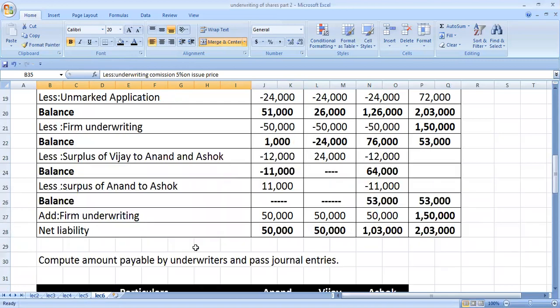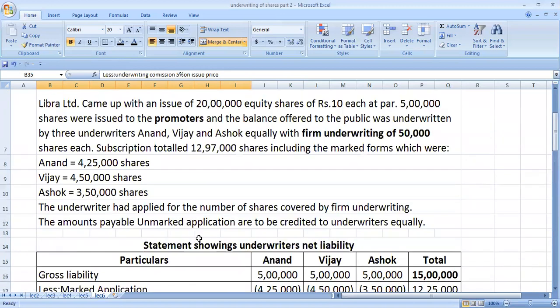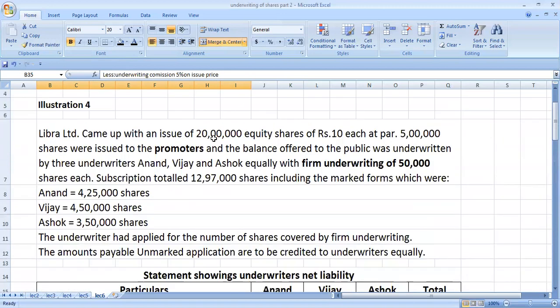First हमें देखना पड़ेगा कि how many shares are underwritten by the underwriter, because जितने भी shares public को issue किए, out of that how many total shares were issued by the company to the public? 15 lakh. See the illustration, 20 lakh shares company ने issue किए, out of that 5 lakh issued to the promoters, okay, and the remaining 15 lakh issued to the public.